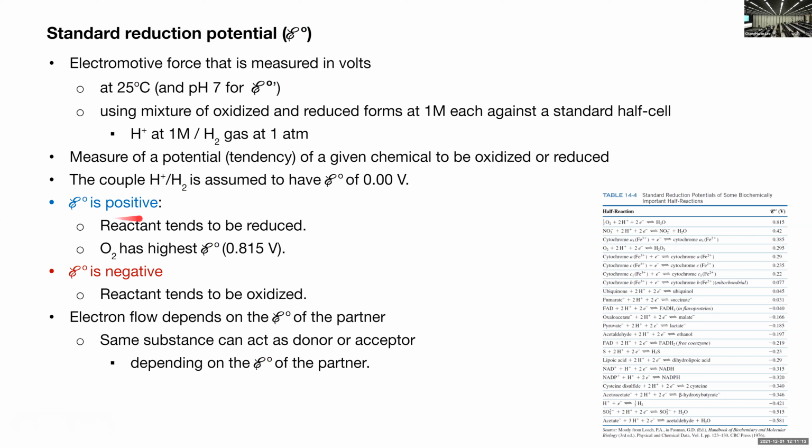And when it's positive, that means the reactant is reduced. When it's negative, that means the reactant tends to be oxidized. And when you look at the table here, the top one is the reduction of molecular oxygen, as you can see here, with the value of E naught prime as 0.815, and that's the highest value.